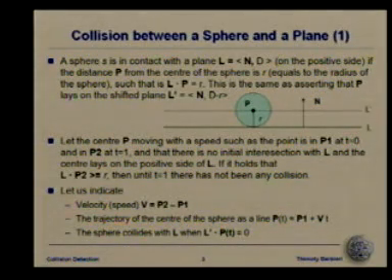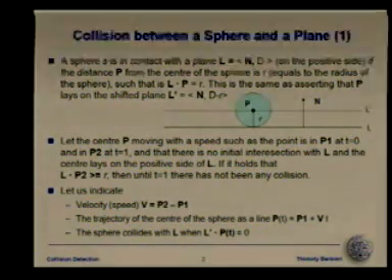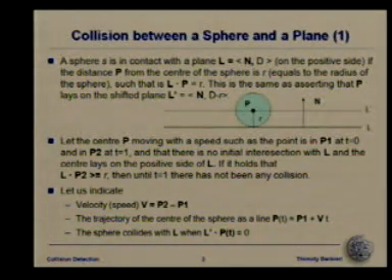We imagine that initially there is no intersection with the plane L, and the center lays on the positive side of L, so in this area of the plane. If you have that L scalar P2 greater or equal than R, then until t equals to 1, there has not been any collision.